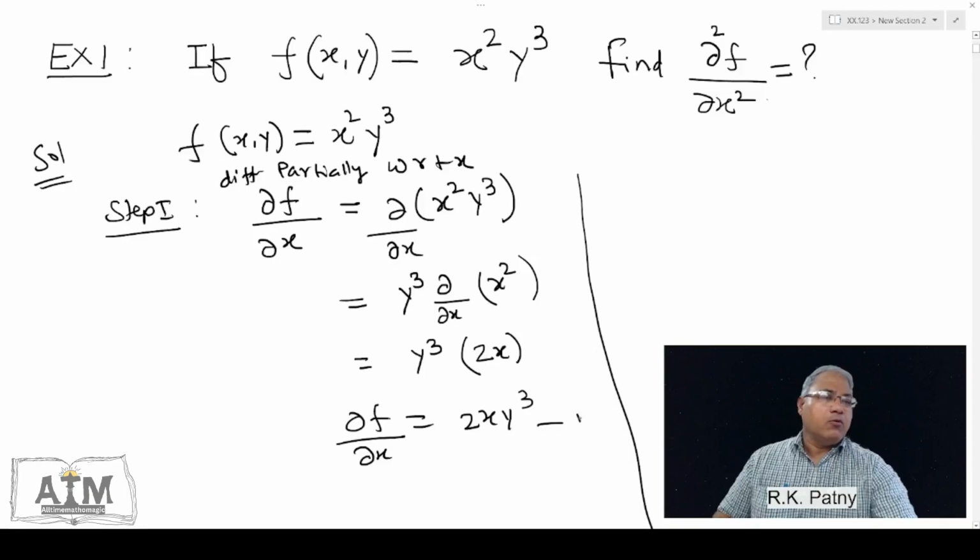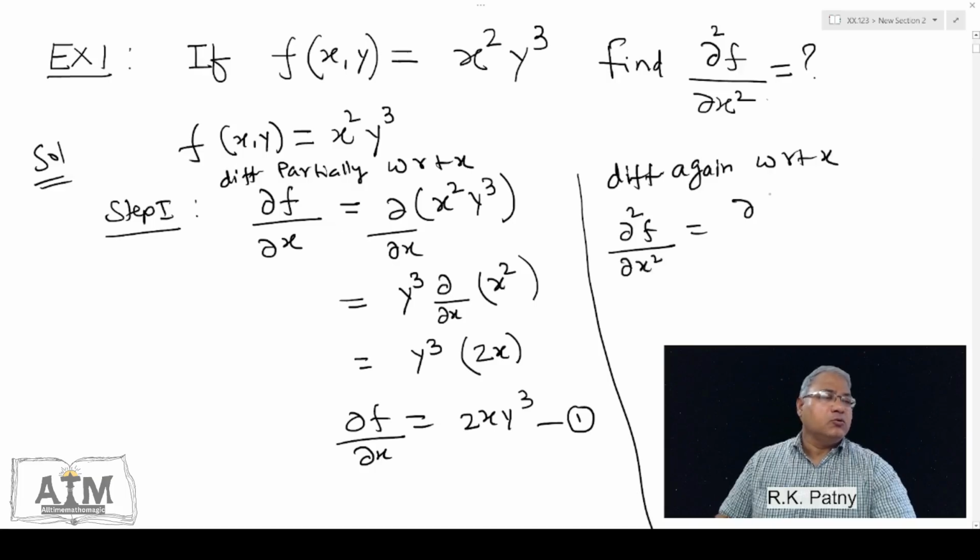Now this is result number 1. Now differentiating again with respect to x, del 2f by del x2 equals partial differentiation of 2x y cube with respect to x. So y cube again is a constant, 2 is also a constant, they are taken out of the operation.